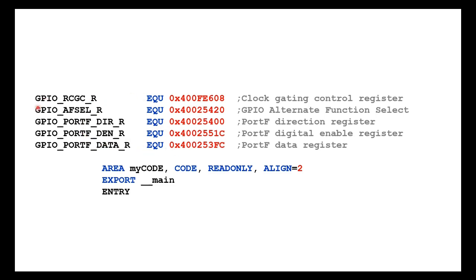Here I define the registers used, the section or area where the code is stored and its attributes, and the symbols for export. In this case it is __main, the entry point of the program.